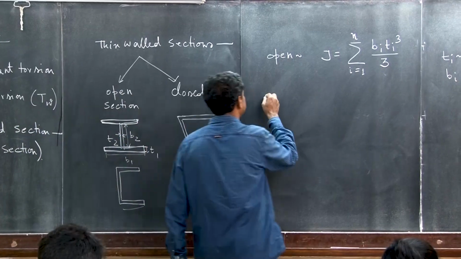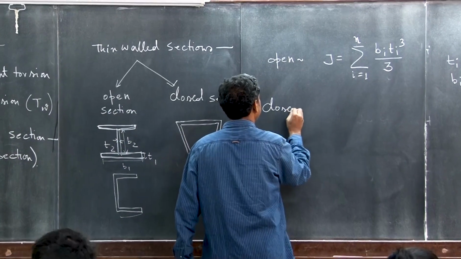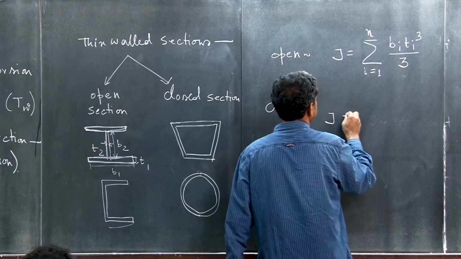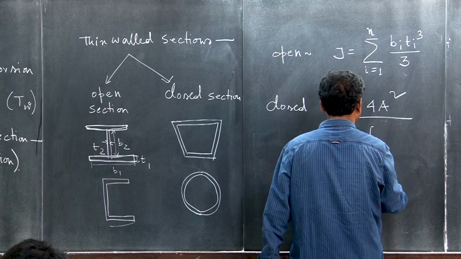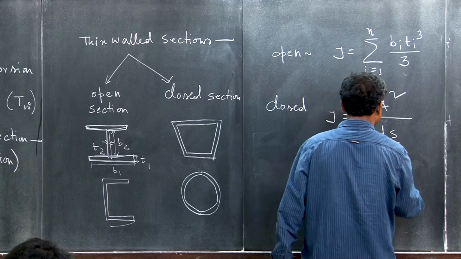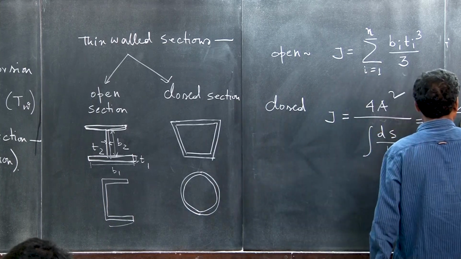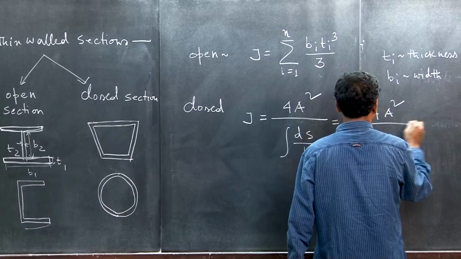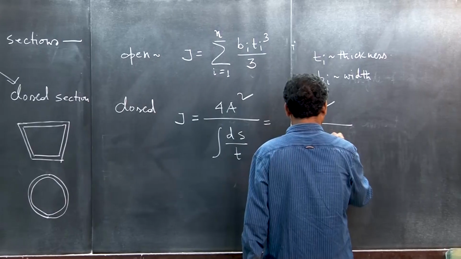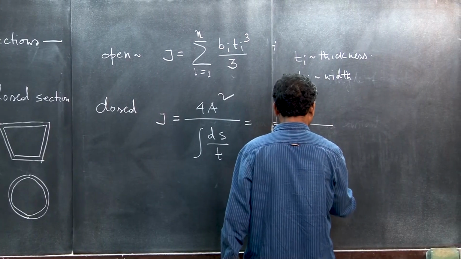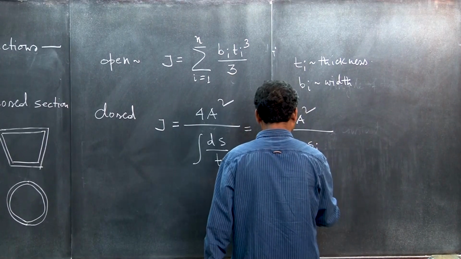Now for the closed section, J is nothing but 4A² divided by the integral of ds upon t. That means here it is 4A² divided by the summation of Si upon Ti, i equal to 1 to n.